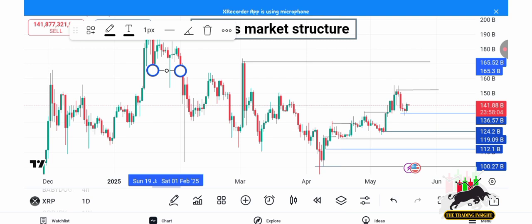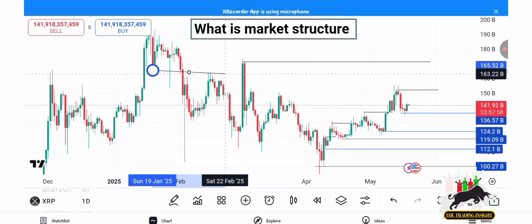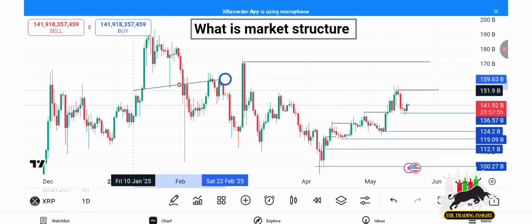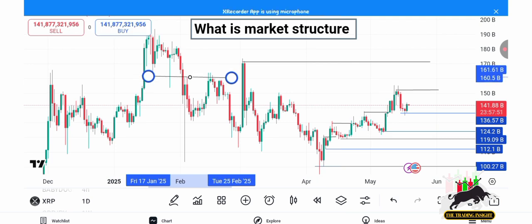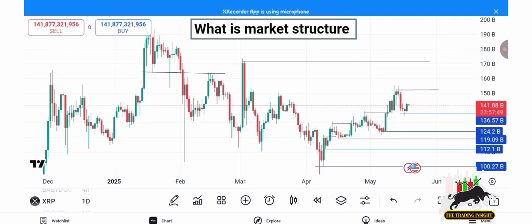And after breaking that low, it came back to retest that low in order to break another low. Look at it here. Okay, let me bring it down this way. It came back to retest that low that was broken in order to create another low.